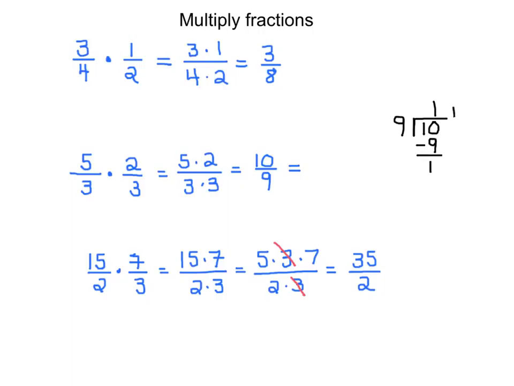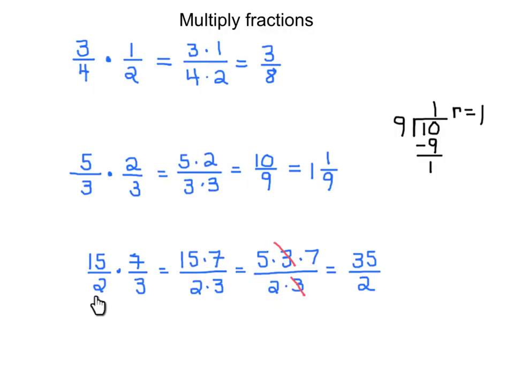So it's 1 with a remainder of 1, which means that this fraction is equal to 1 with the remainder of 1 over 9, 1/9. So I was able to take the product of my two fractions, find its product, which was an improper fraction, and turn it into a mixed number.